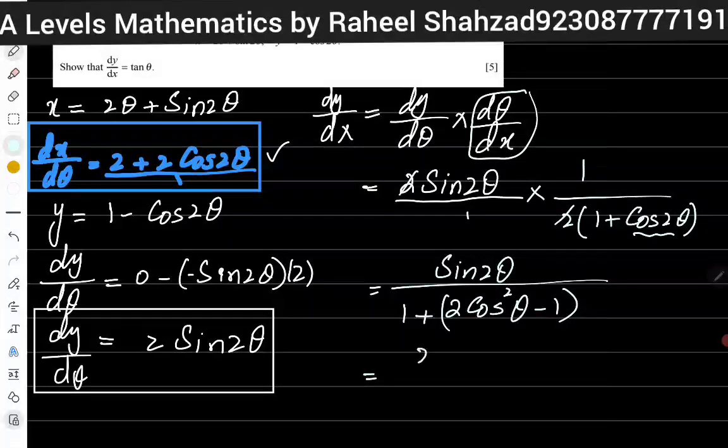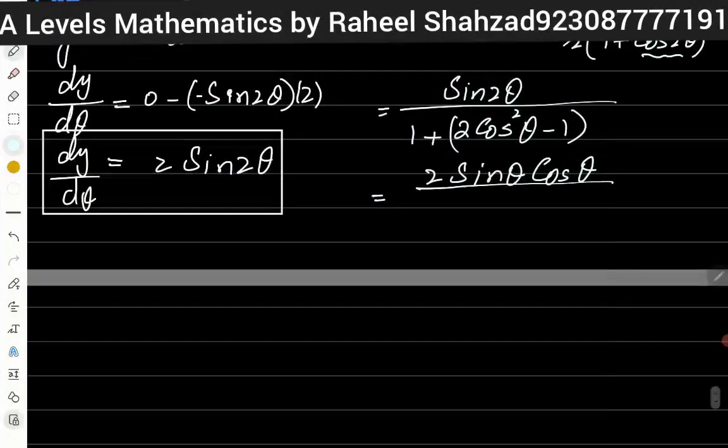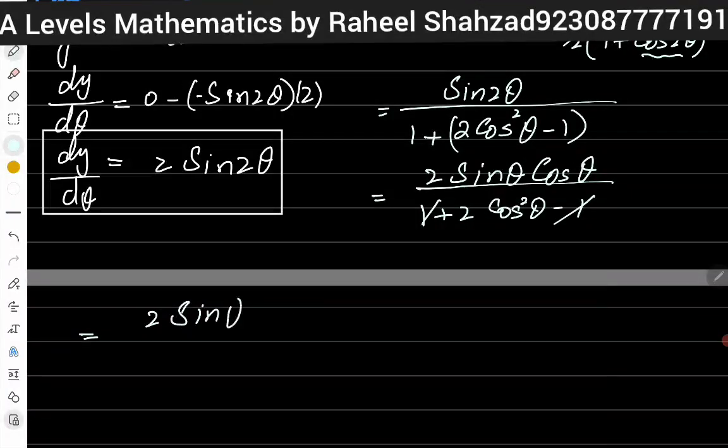In the numerator we have 2 sin theta cos theta, since sin 2 theta is 2 sin theta cos theta, divided by 1 plus 2 cos square theta minus 1. The 1s cancel out. So we have 2 sin theta cos theta divided by 2 cos square theta.